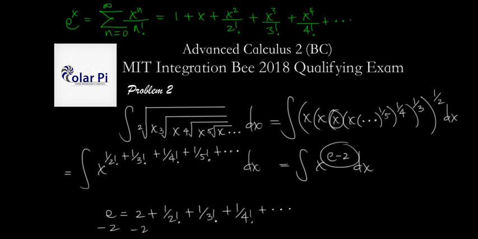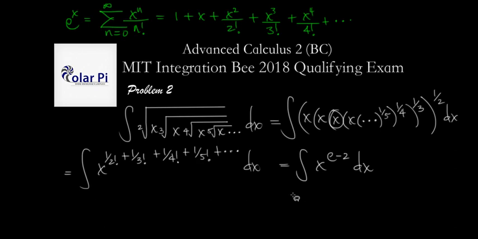But e minus 2 is just a number. So we can use the power rule for derivatives backwards and find that the antiderivative of this is x to the e minus 2 plus 1, so x to the e minus 1, divided by e minus 1, and then plus c.